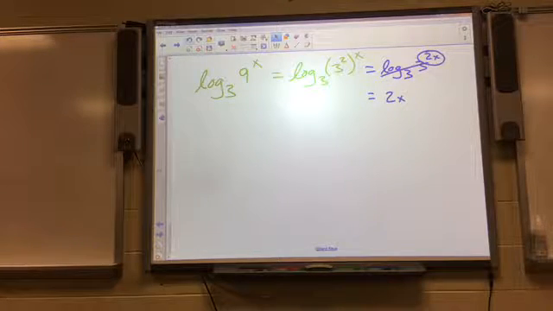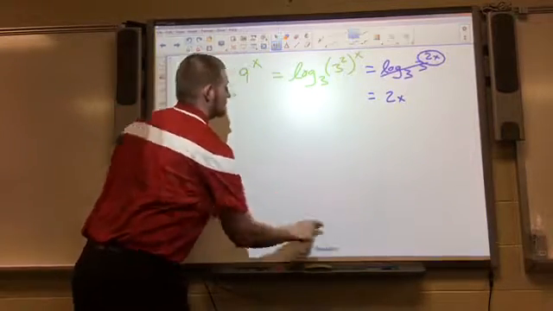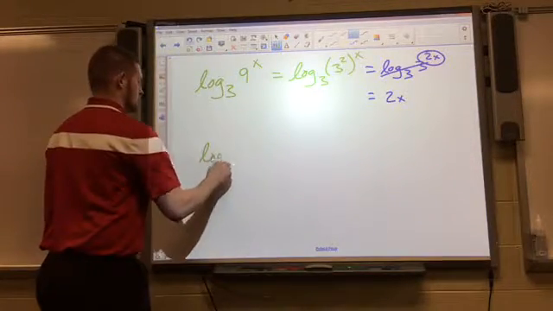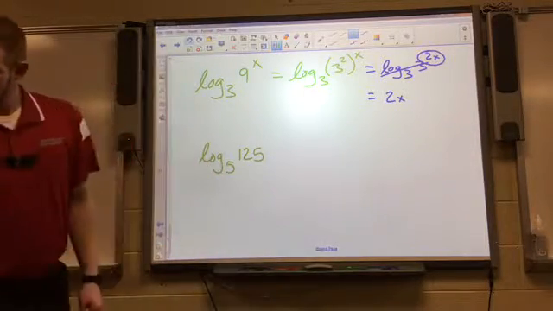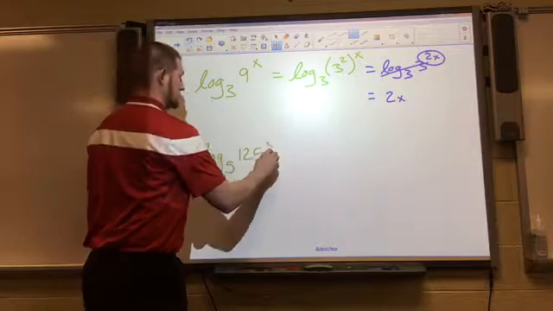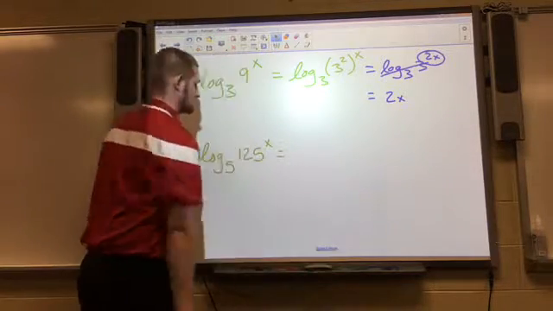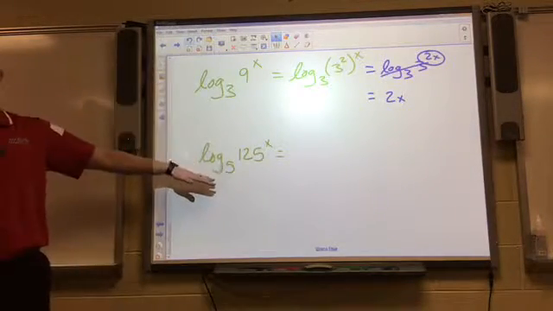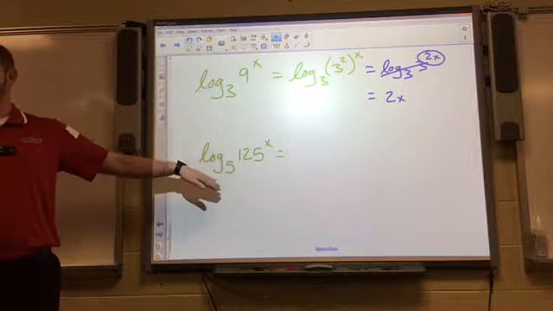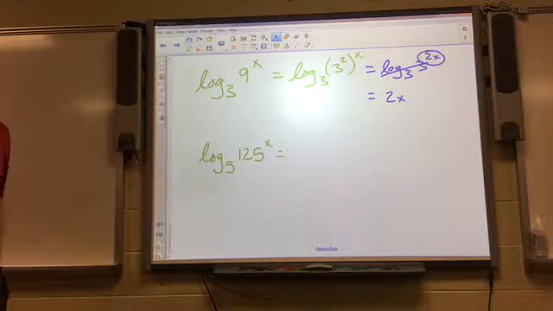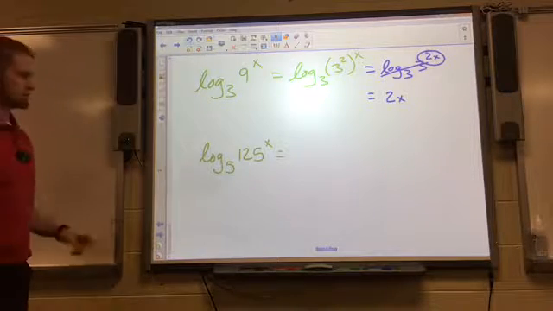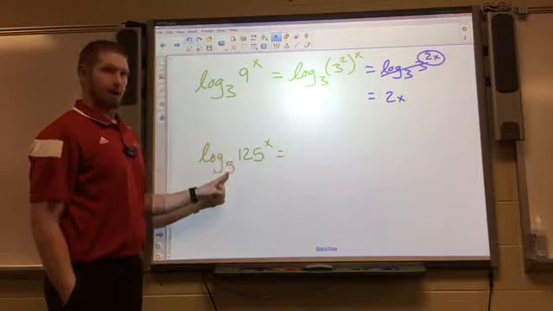Let me do another one of those. Log base 5 of 125 to the x. Again, I can't mess with it right now because my bases are not the same, right? Can I make them the same? Okay, Jack, what is going to change that 125 into a 5?